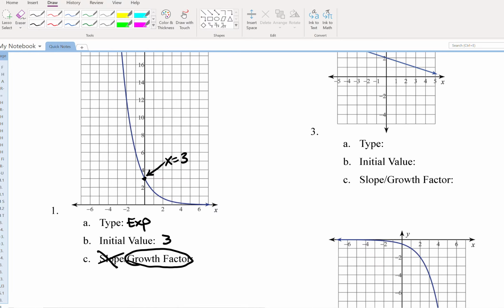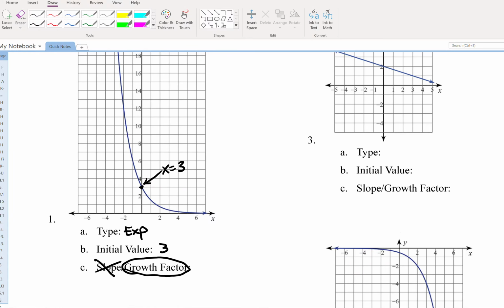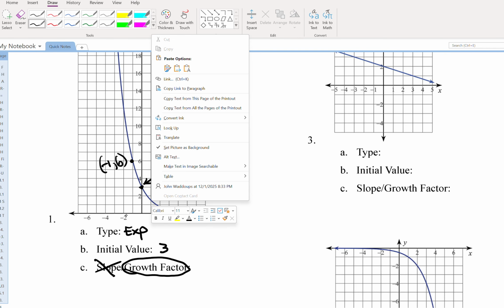And so the growth factor here, if I go from this point, which is -1, 6, to the next point, 0, 3, looks like I'm probably dividing it by 2. Half of 6 would be 3. And let's just test that theory out here. If this is 3, half of that would be 3 halves, or 1.5.